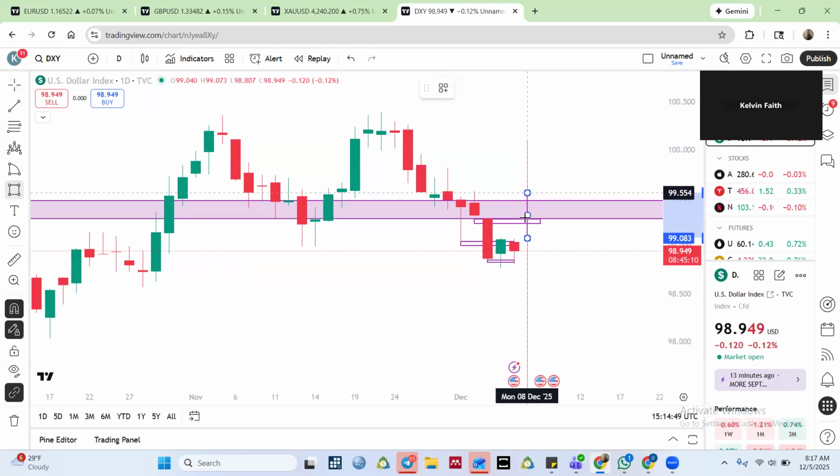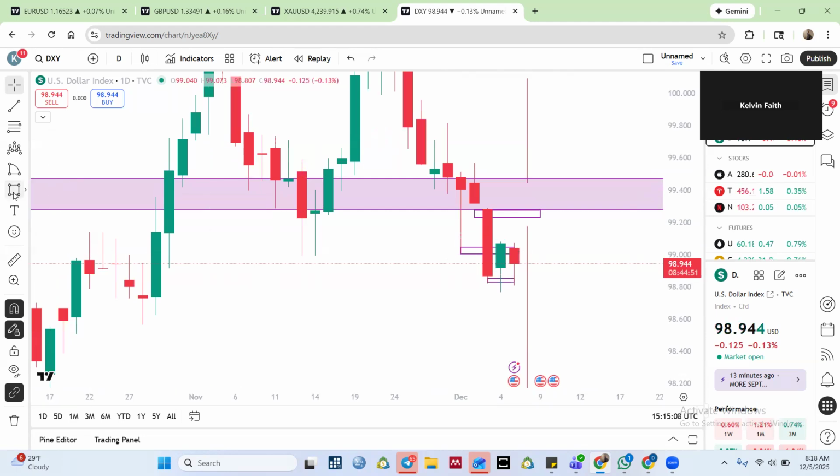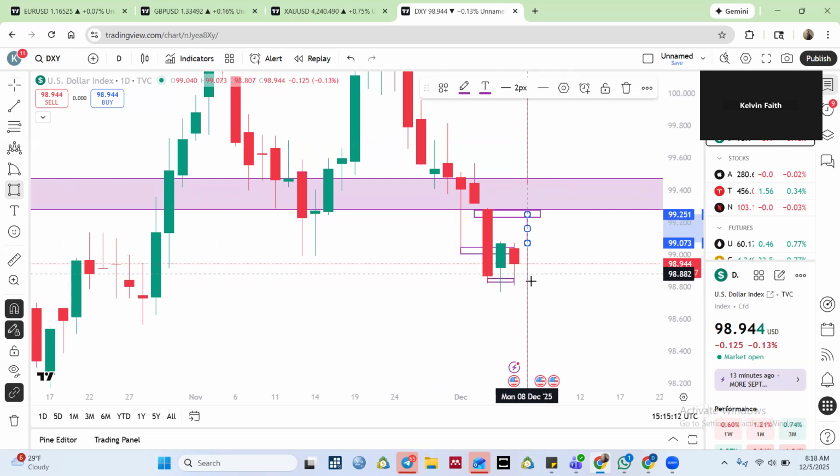Price has to sweep that place out for buyers to be active again. Currently there is selling pressure, selling volume, crashing the buyers. So what I was anticipating earlier is for price to retest this area and then fail to close above this daily candle's high and then drop.